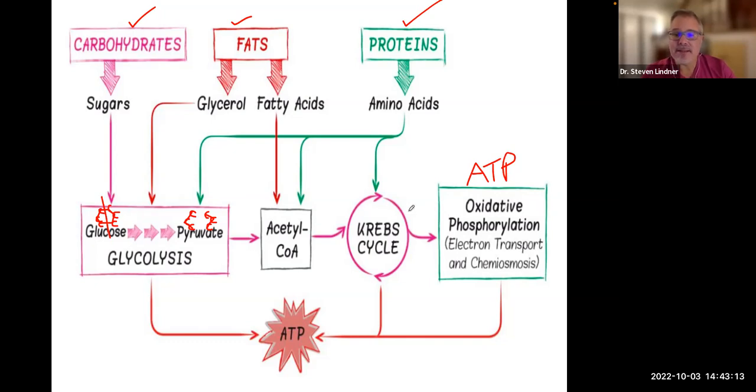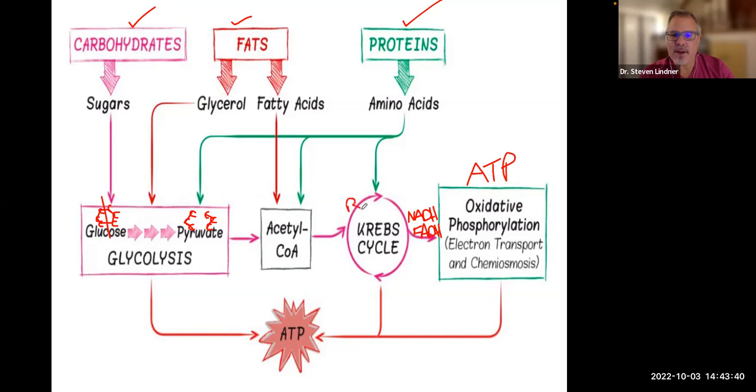Those coenzymes are called NADH and another one, FADH. And this is why we need B vitamins.